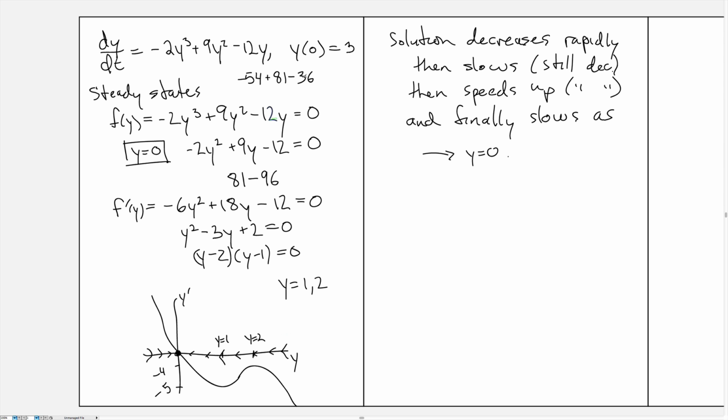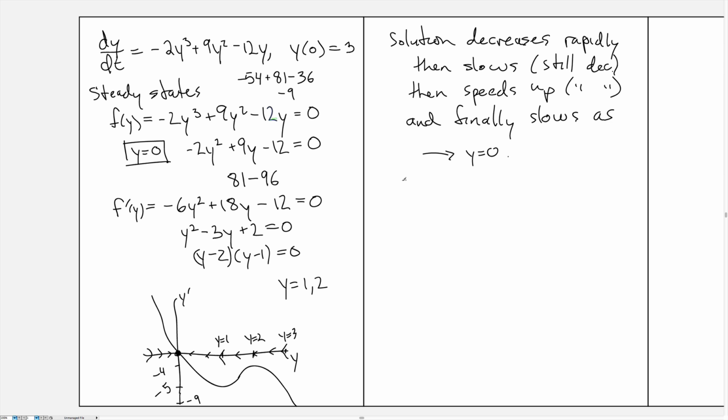And so when we add this one and this one, we get 90. So minus 90 plus 81 is minus 9. So we start off out here at y equal 3 with a slope of, now obviously this is not an accurate drawing, but here we're going to be at minus 9. So that should be quite a bit lower down.